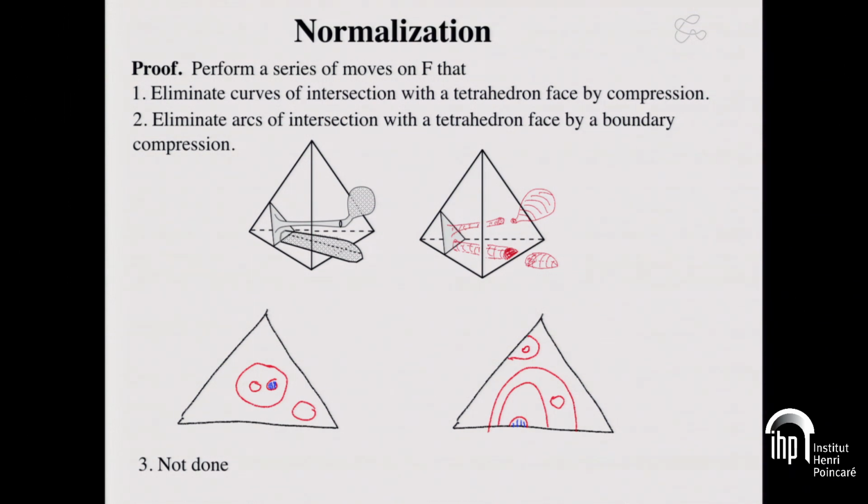Question: are there any topological invariants that remain the same as we move the surface around? Well, for example, if we start with a disk and do these procedures, we'll never increase the genus. The isotopy procedures and the compression procedures, we may split off two spheres, but we'll always have a component that's a disk if we start with a disk.